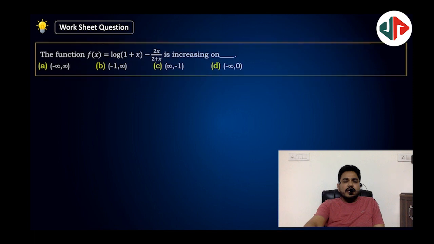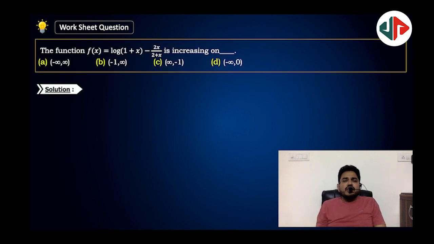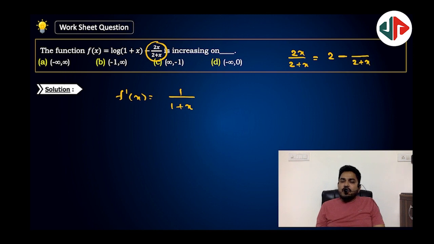Next question is, the function is increasing in which interval? So simply f dash of x is equal to 1 by 1 plus x minus 2x by 2 plus x. What I will do is write it as 2 minus 2 plus x, so 4 plus 2x, so 4 I will write.